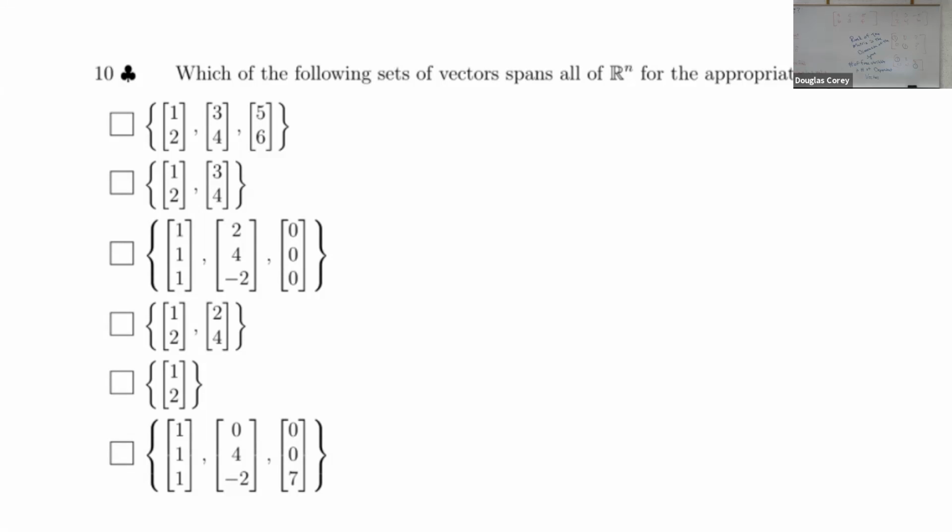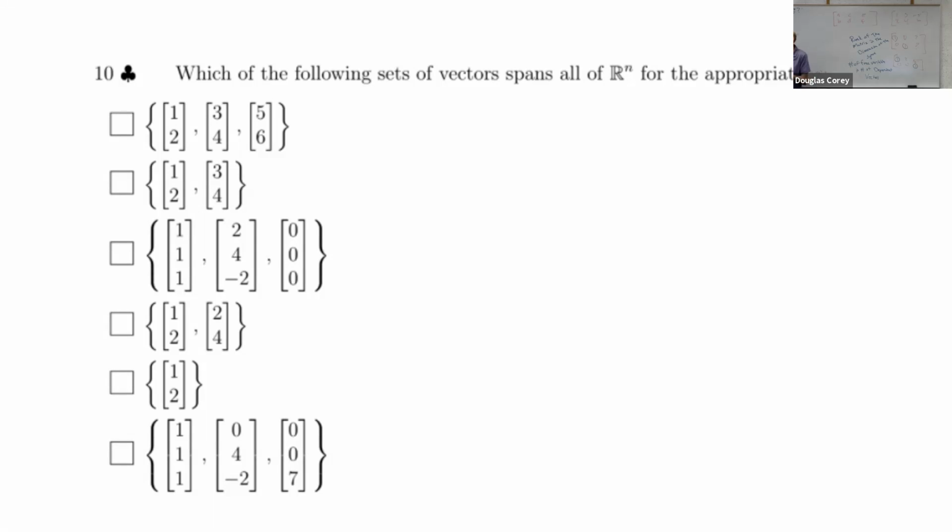Okay. Can someone just tell me one that they know spans the appropriate n? So for the three-dimensional vectors, these are three dimensionals that have to do with R3. These others are R2. So yes. The first one spans what?